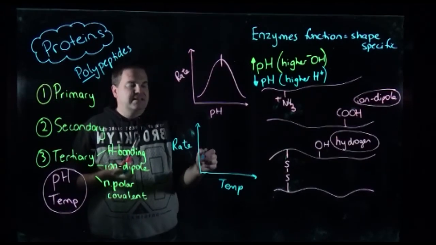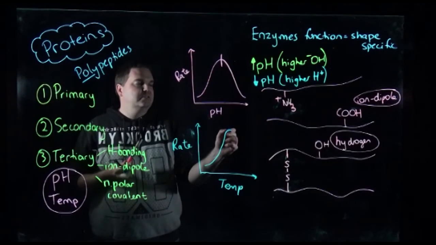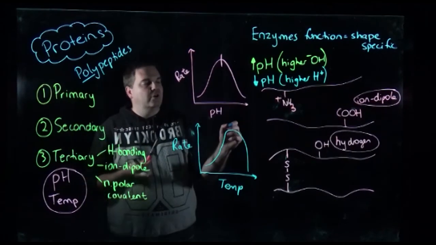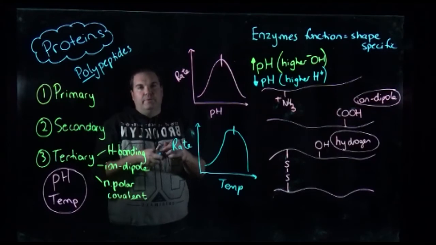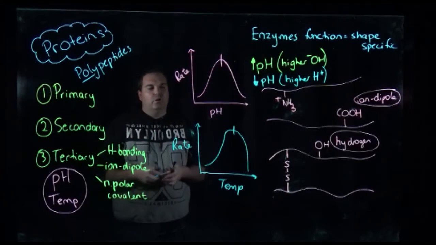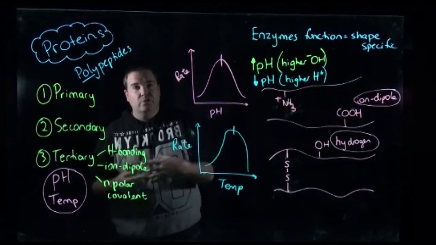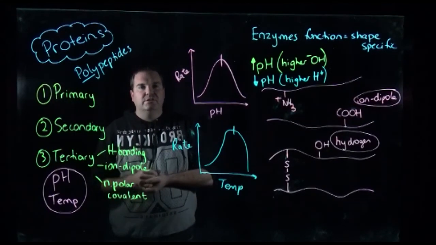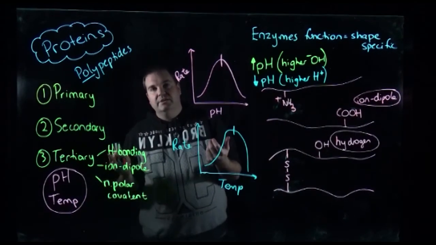And what you find is that generally as you increase your temperature, you get to an optimum temperature like this, and then your rate will just go bang, like that. Okay, so you've got an optimum temperature around here, and after that your enzyme becomes completely denatured and it will no longer increase the rate of a reaction. And generally once it's denatured you can't go backwards, alright, so you've lost the ability to be able to catalyse your reaction.